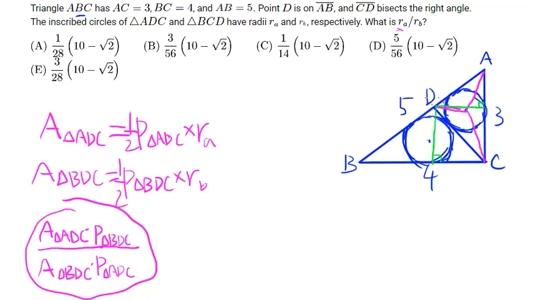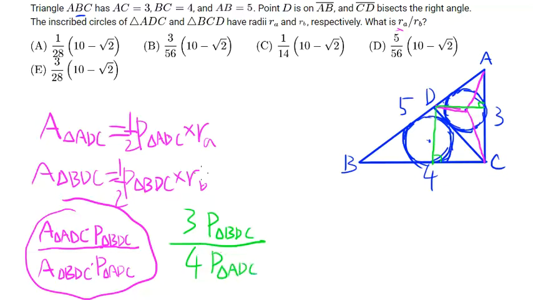So, let's say these have the same height, but the sides of these are 3 and 4 respectively. So the ratio of the areas, this to this, will be 3 to 4. So of course this will be 3 over 4. So we simplify: this is 3 times the area of BDC and 4 times the area of ABC.